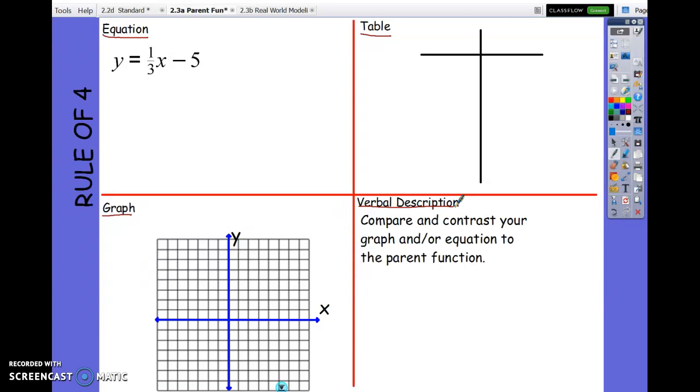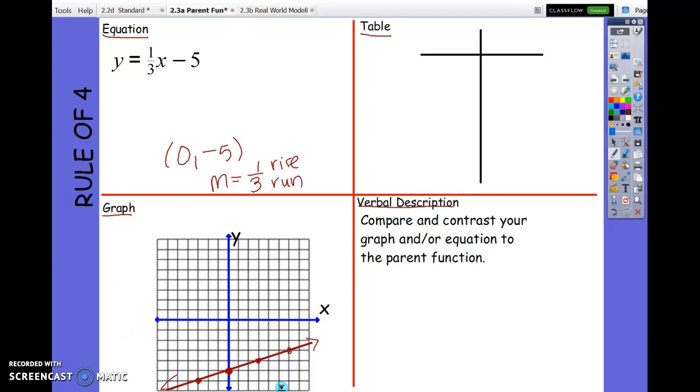Let's start off by graphing. Looking at 1/3 x minus 5, we've got the y-intercept 0, -5, and our slope is 1/3. So we have a rise of 1 and a run of 3. Let's go ahead and graph this line.